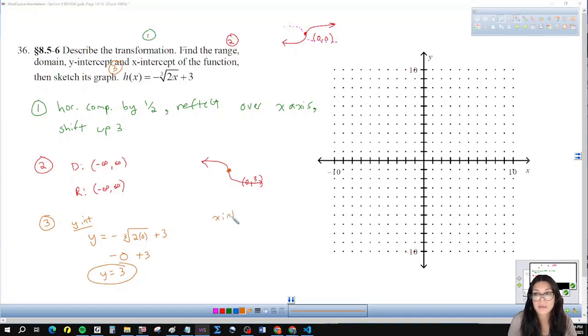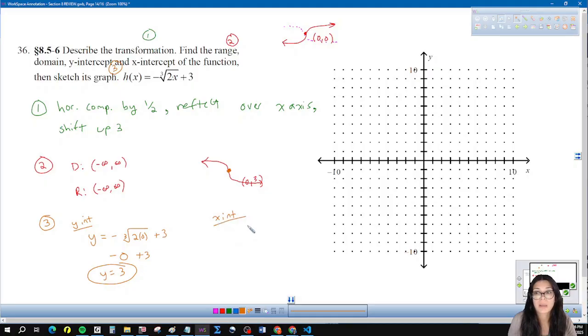And then for the x-intercept, we're going to plug in y is 0. So 0 equals negative cube root of 2x plus 3. Subtract 3 on both sides. Negative 3 equals negative cube root of 2x.